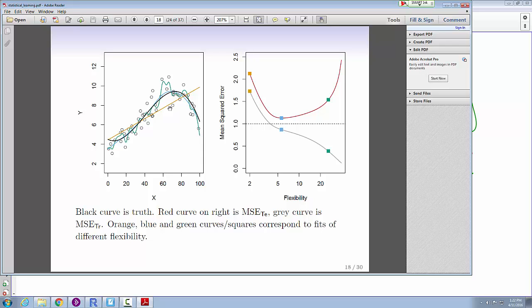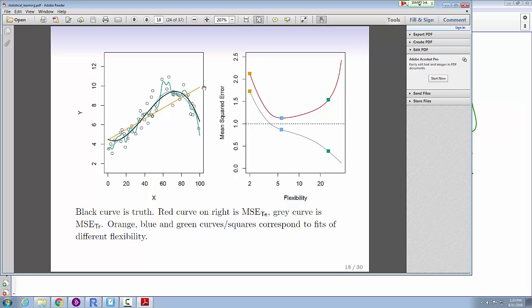But the other piece that goes into mean squared error is the variance of the model. What does that mean? That means if we were to go get a new sample of, say, 100 individuals from the population that these were drawn from and make a scatter plot and fit these curves again, which of these three curves do you think is going to differ most on a new sample that comes in the door?